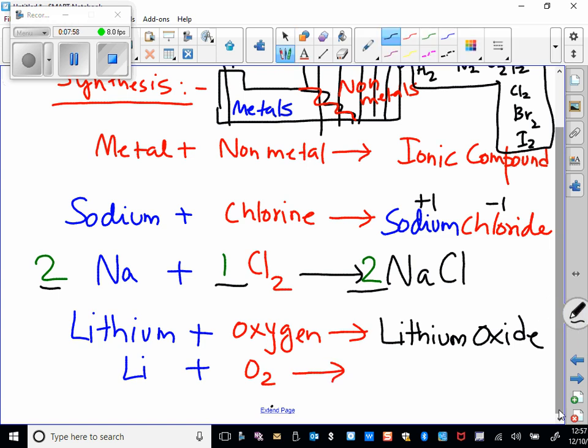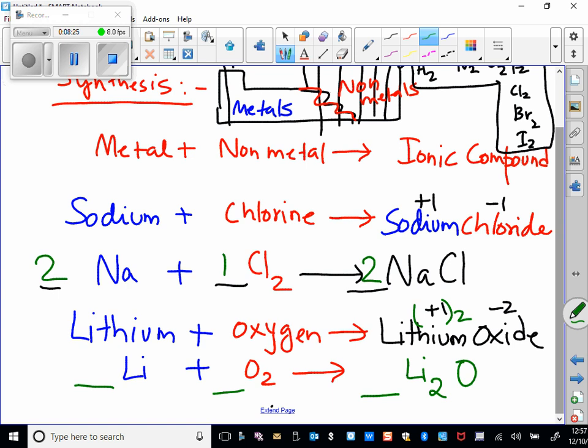What is my formula for lithium oxide? What is the charge on lithium? Lithium is a +1, oxygen is a -2, so I end up multiplying the lithium side by 2. So my formula for lithium oxide is Li2O. Yes, the equation is not balanced. I don't want you writing the formula of lithium oxide as LiO2.